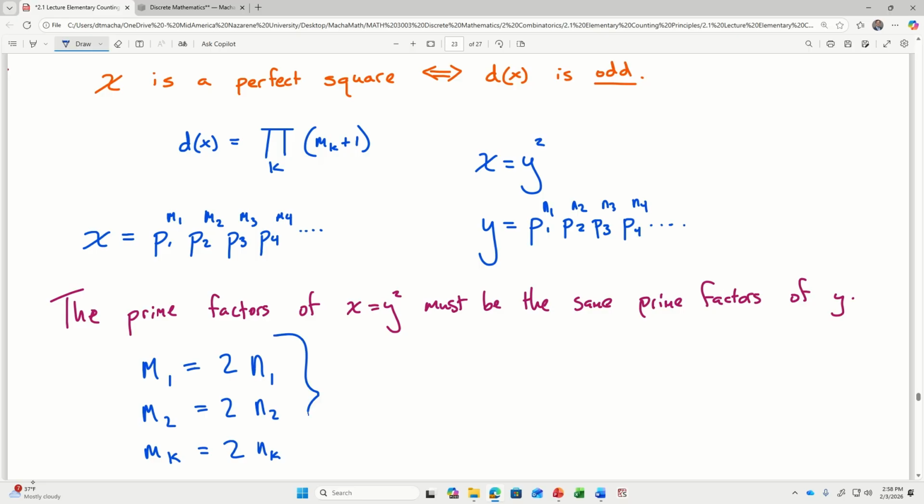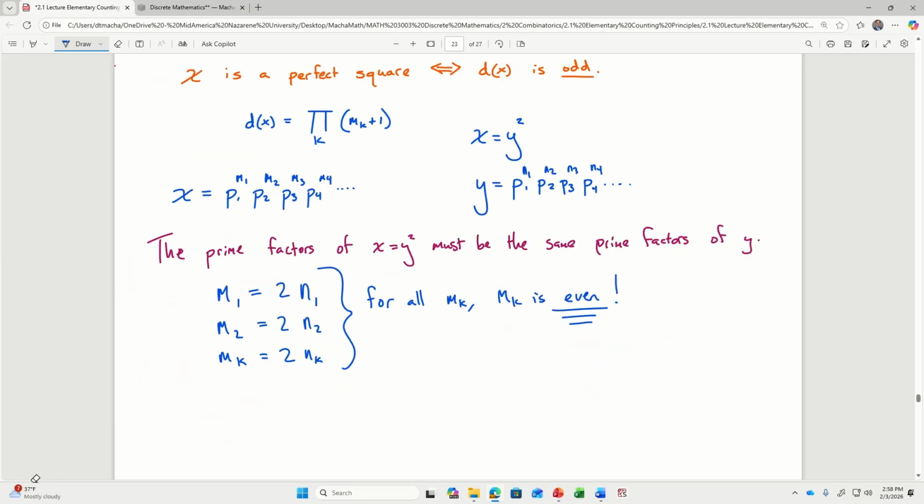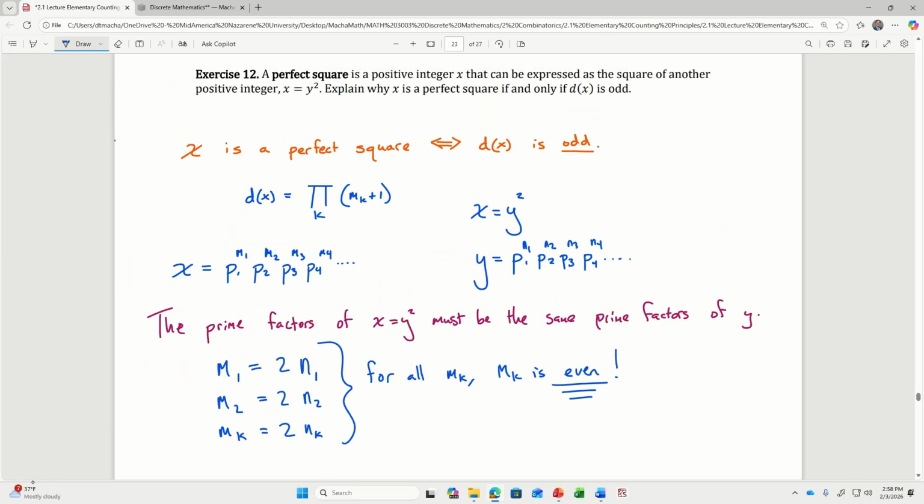So for all of the multiplicities in the x factorization, what can I say about them? They're all even. They have to be even. If I multiply a number times 2, it has to be even. All of these multiplicities are even.